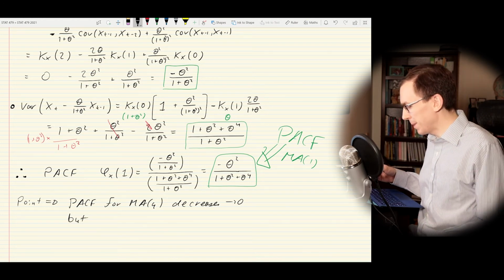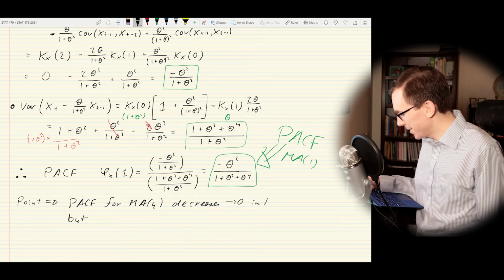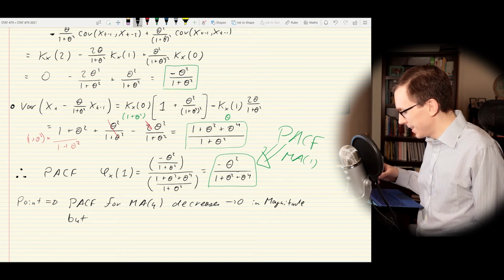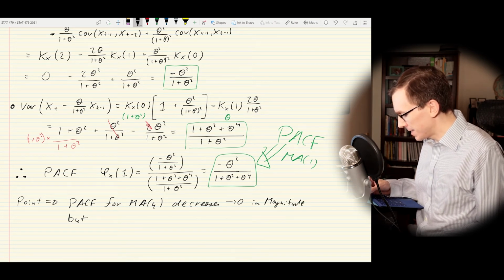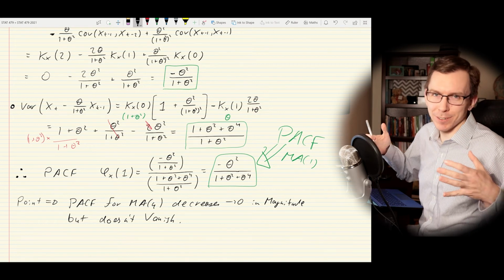It might alternate because of the signs. In magnitude, I didn't prove that, I'm just going to claim it, but it doesn't vanish, i.e. it doesn't actually equal 0 at any point.